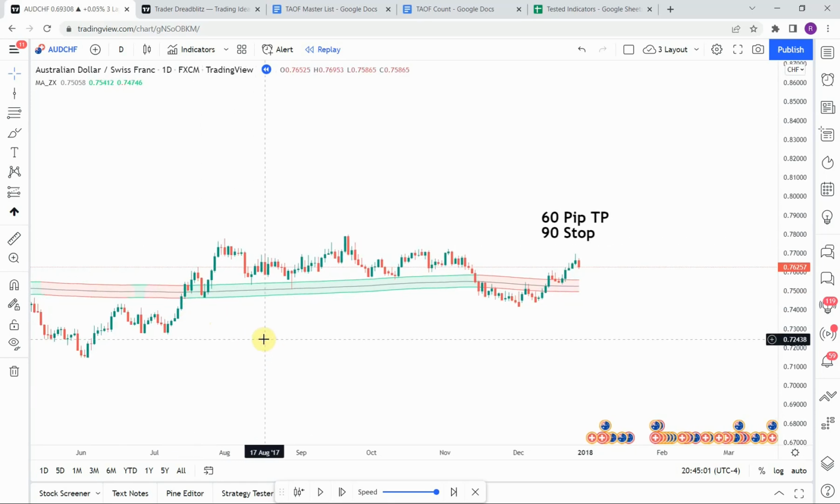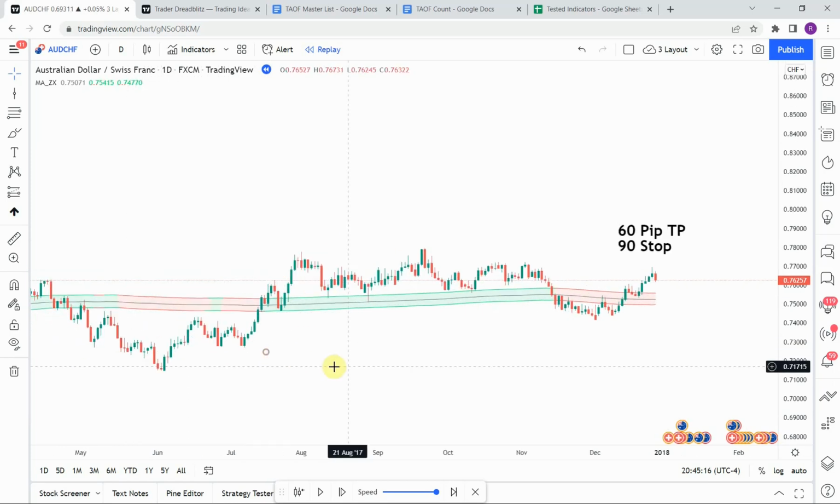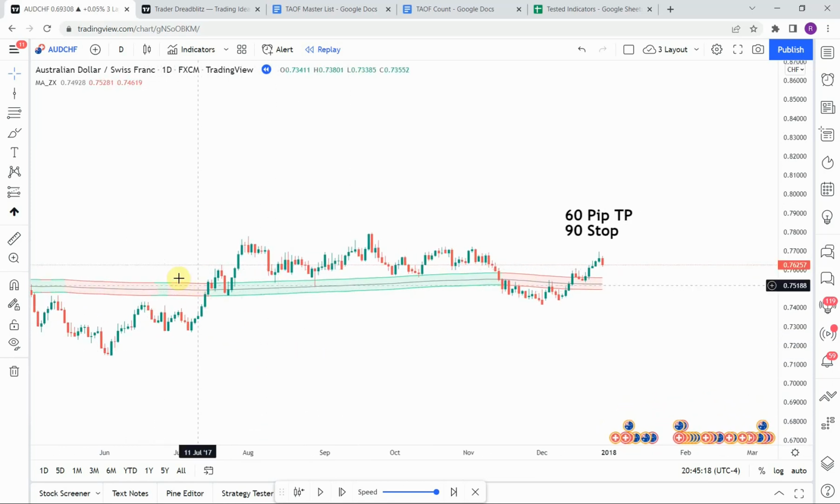But in addition to that, what we are looking for is when we have the solid red, price action has to be below the band, at least below the lower band. So it can, or the upper band. So it can be in the center, not necessarily completely under it.